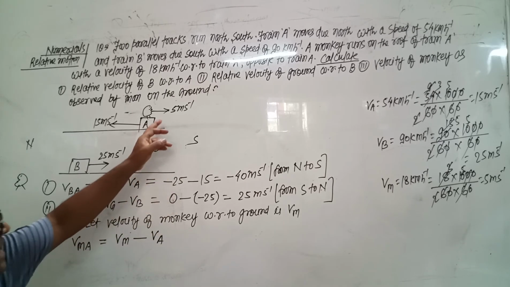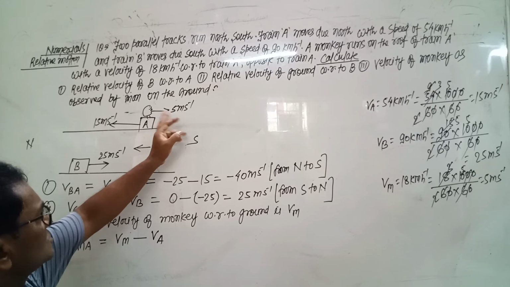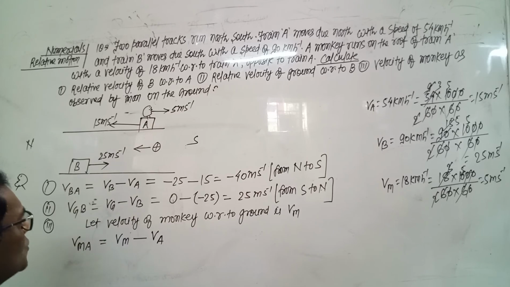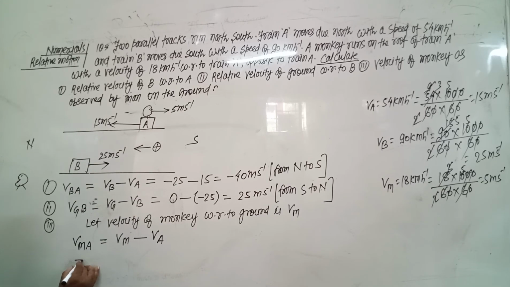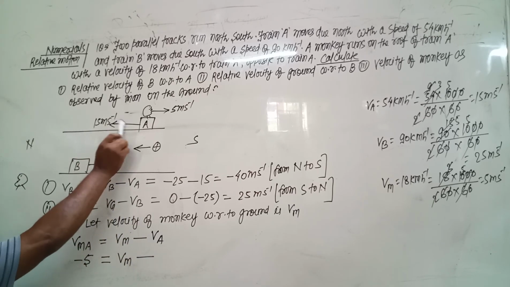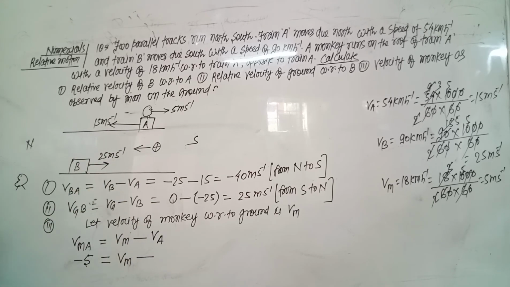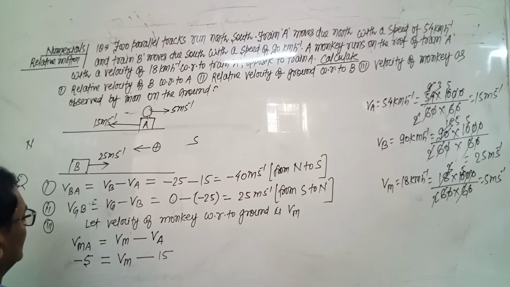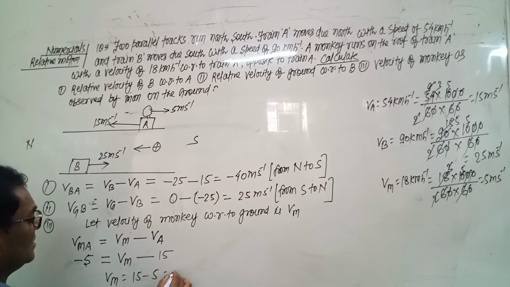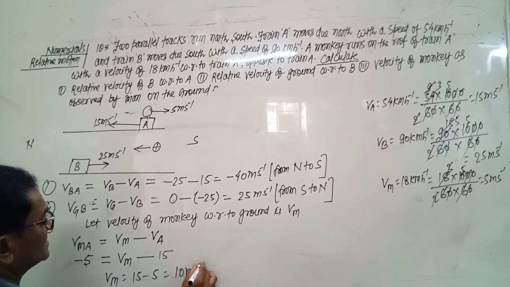Since the direction of the monkey's velocity and our assumed direction are directly opposite, VMA is taken as -5, and we have to calculate VM minus VA. The direction of train A and our assumed direction are the same, so it is 15, and -15 will go on the left side, so VM equals 15 minus 5 equals 10 meter per second.